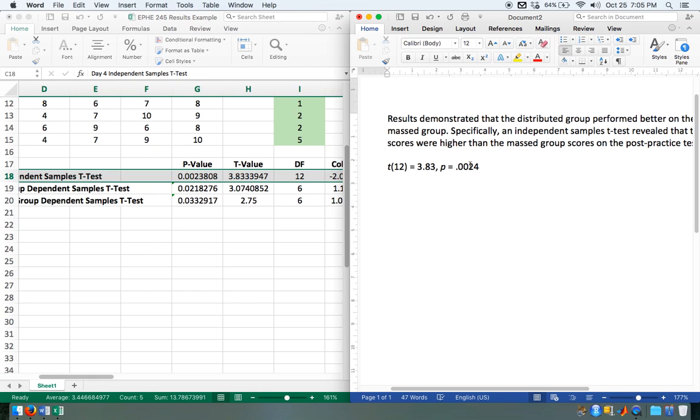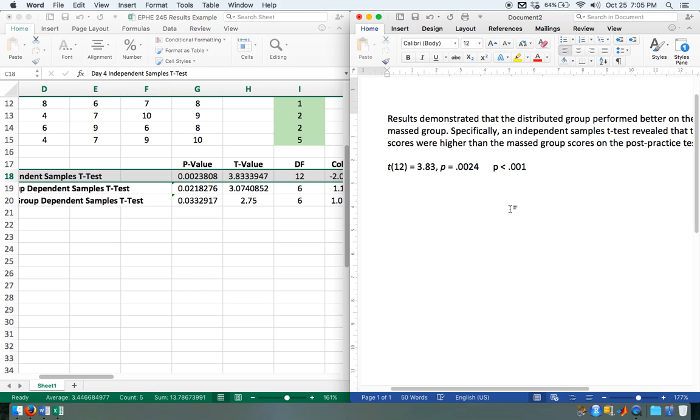Now, what you might get confused by is when you're reading krigolsonteaching.com, how to write a paper, he does talk about how it's customary to use p less than 0.001 or something like that. That's no longer actually accepted.